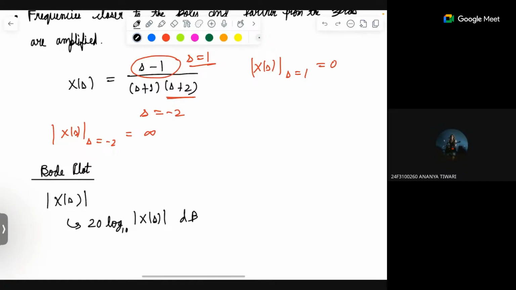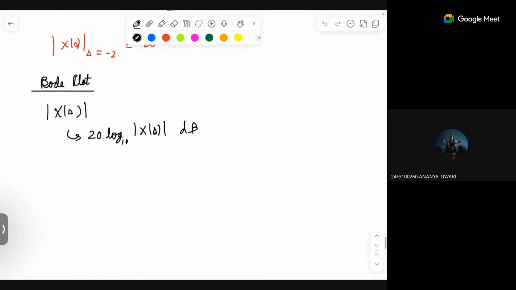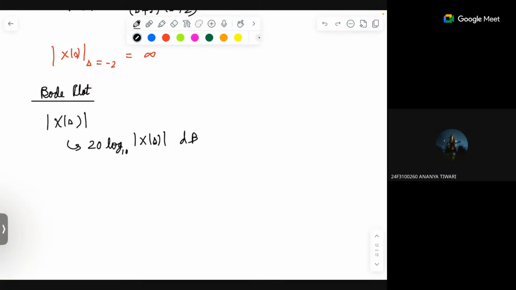Yes. Now I'll quickly summarize things from the lecture. Ma'am, is there any derivation for this Bode plot or is it just like this? I mean, the derivations are there for the points that I will be telling you, and sir has I think derived that. Okay, ma'am, we'll look into it.